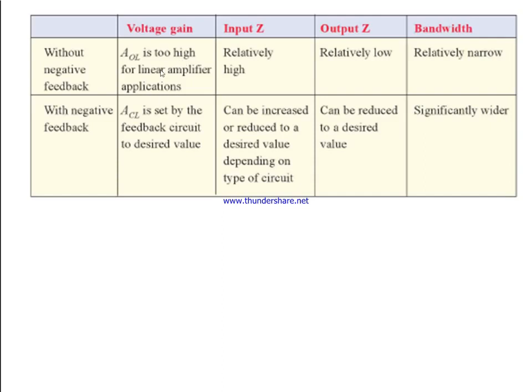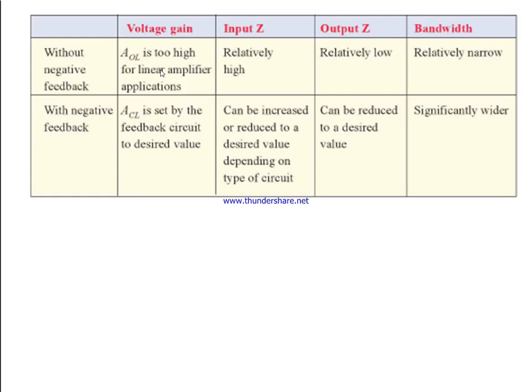I think we have already discussed that point. So for example, let's take a case. The open loop voltage gain of an op-amp is normally 1 lakh. If the open loop voltage gain is 1 lakh, which is extremely high, and you are giving a 1 millivolt input signal, then what will be the output?